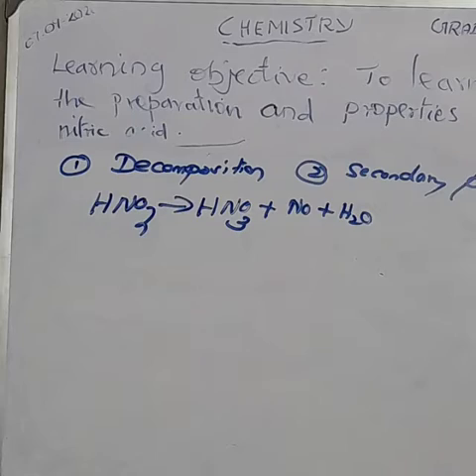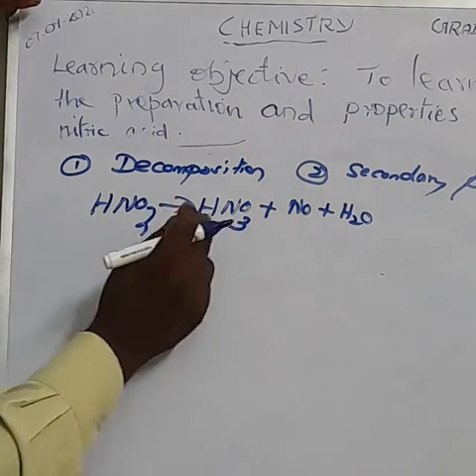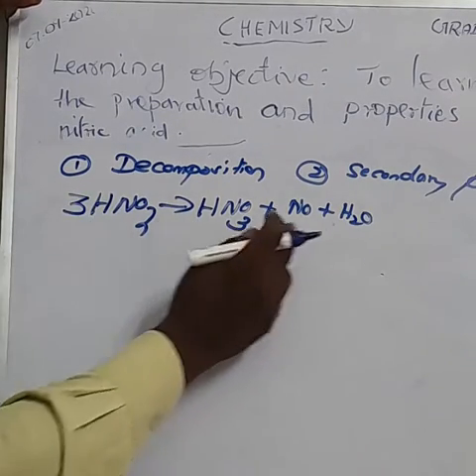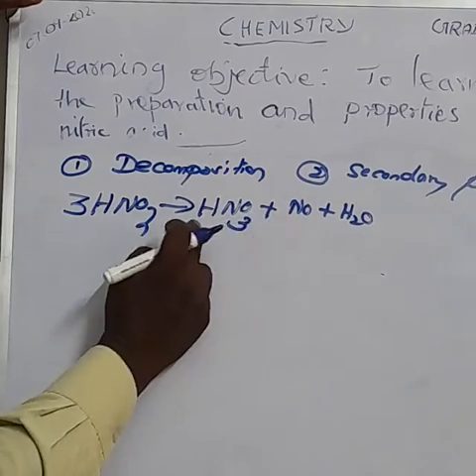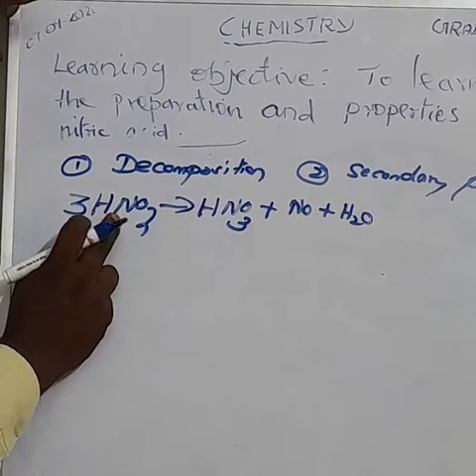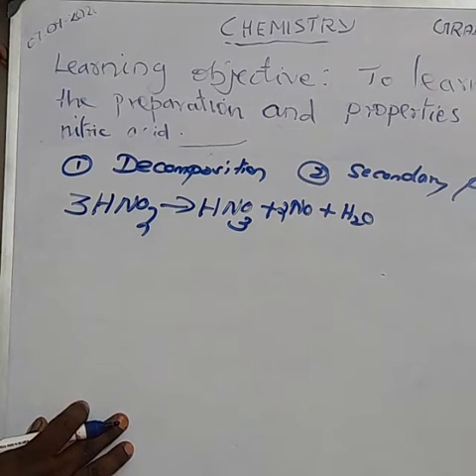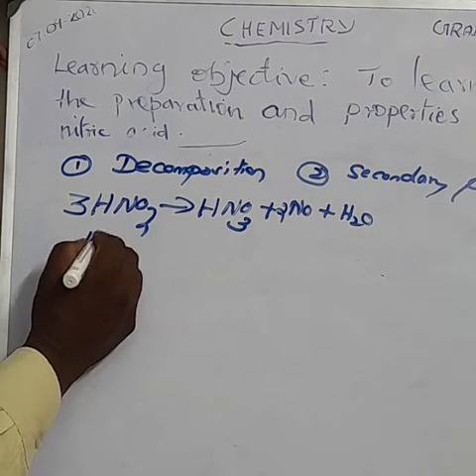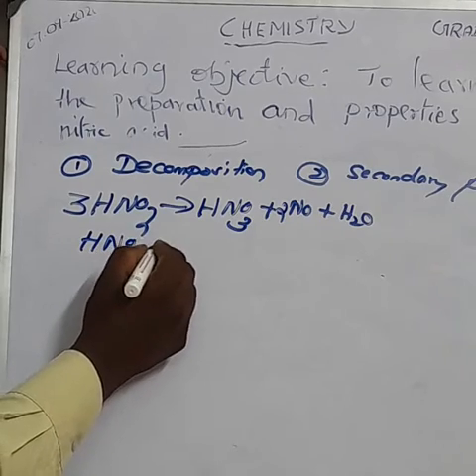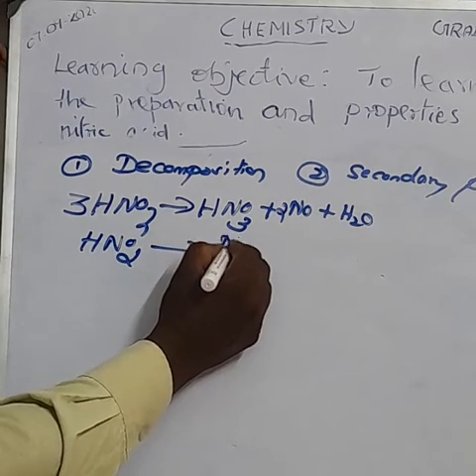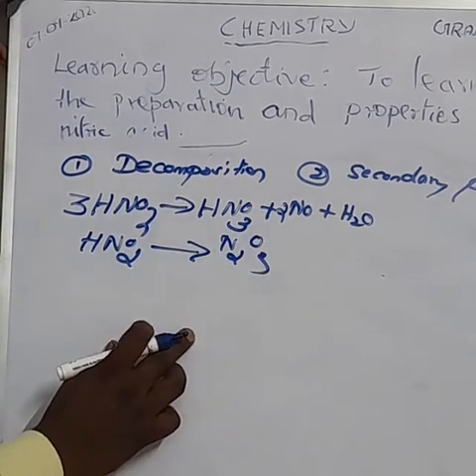How can you balance the equation? You make it having 3. So hydrogen is balanced. Am I right? About the nitrogen having 3, maybe 2 here. Now the equation is balanced. Next, nitrous acid is converted into N2O3.